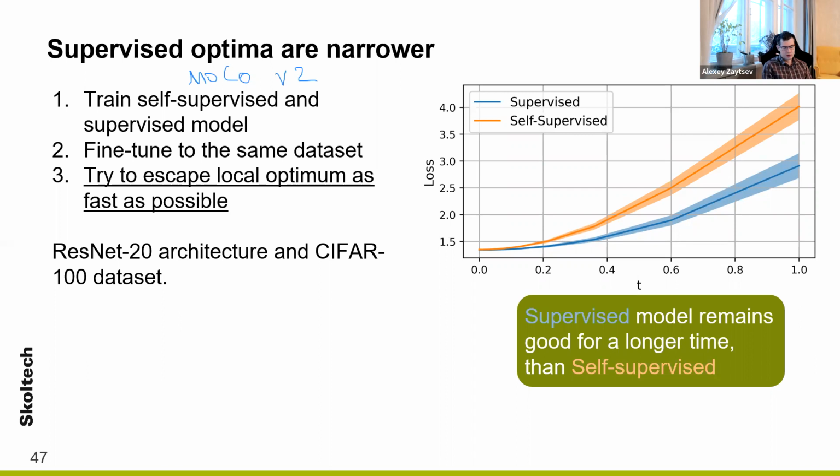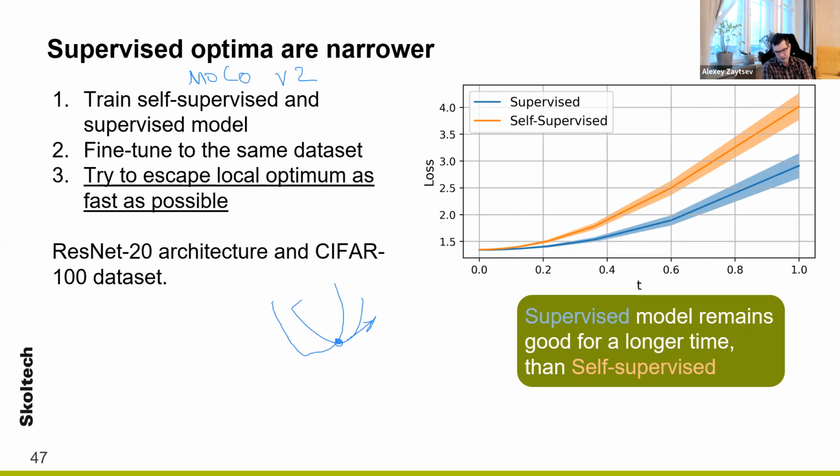And what we are trying to examine is how fast we escape a local optimum. We find the gradient. We have this loss function, and we move along the gradient, trying to go out from a point that may not be the best.